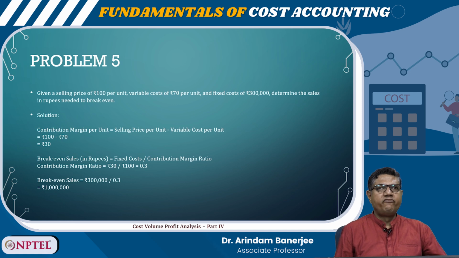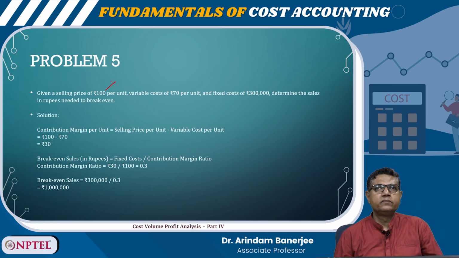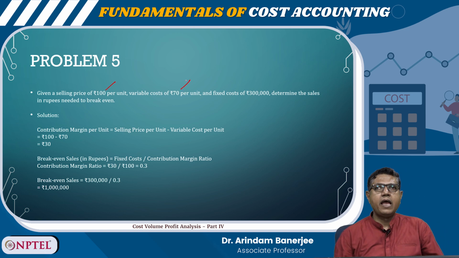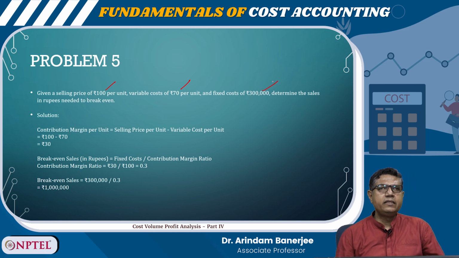Next problem, problem 5. Given a selling price of rupees 100 per unit, a variable cost of rupees 70 per unit, and a fixed cost of rupees 3 lakh, determine the sales in rupees needed to break even.